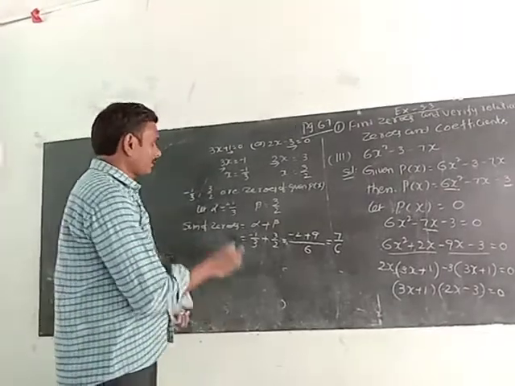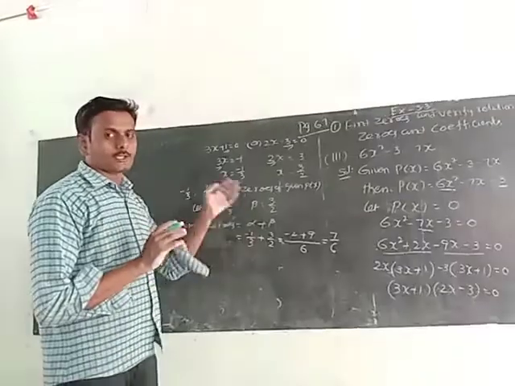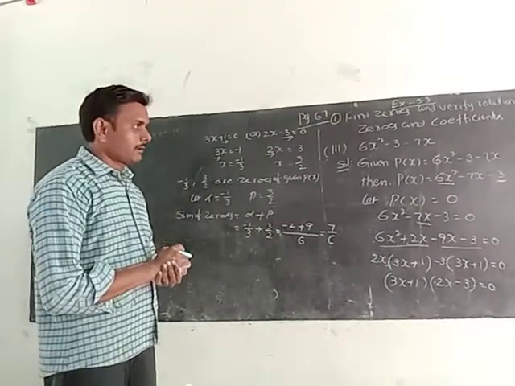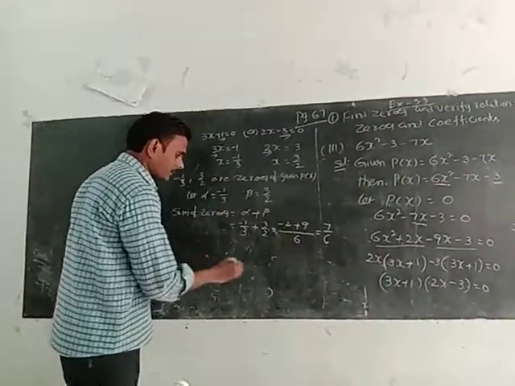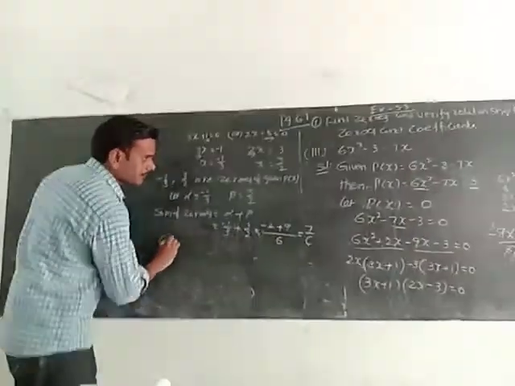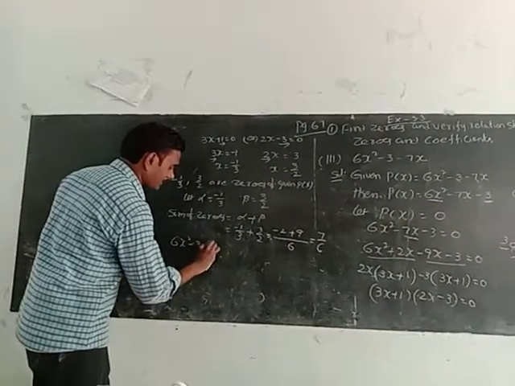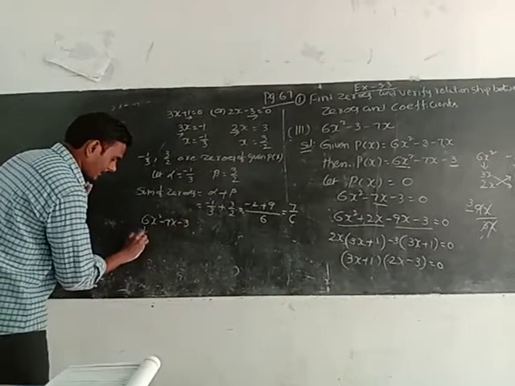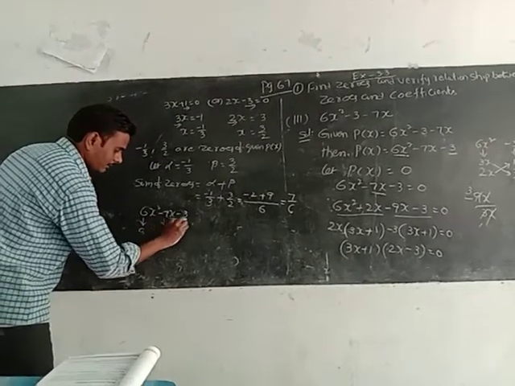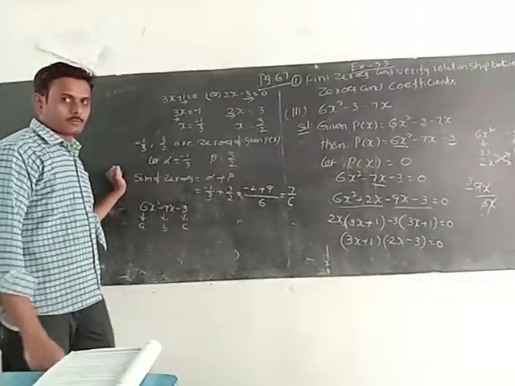At the start we have to observe the coefficients. What are the coefficients here? A value is 6. What is the expression given? 6x squared minus 7x minus 3. This is the A value, this is the B value, this is the C value. Compare with the quadratic polynomial, as we discussed in the previous class.